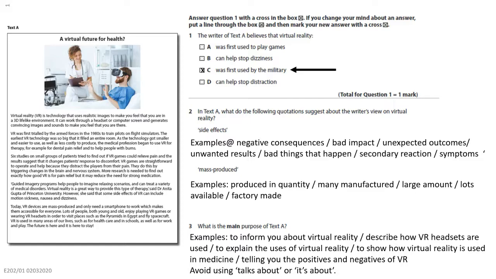If we're then looking at question 2, what you're going to try and do is pick out what the side effects are. I've given you the examples of things that he's actually felt that are not quite correct, examples that have sort of negative consequences.